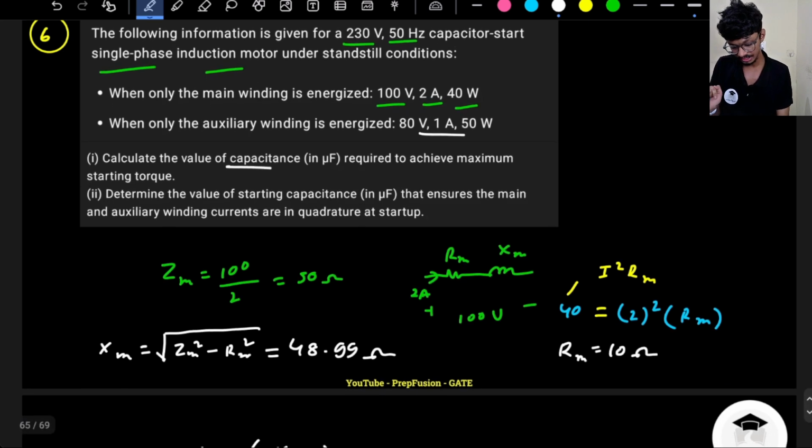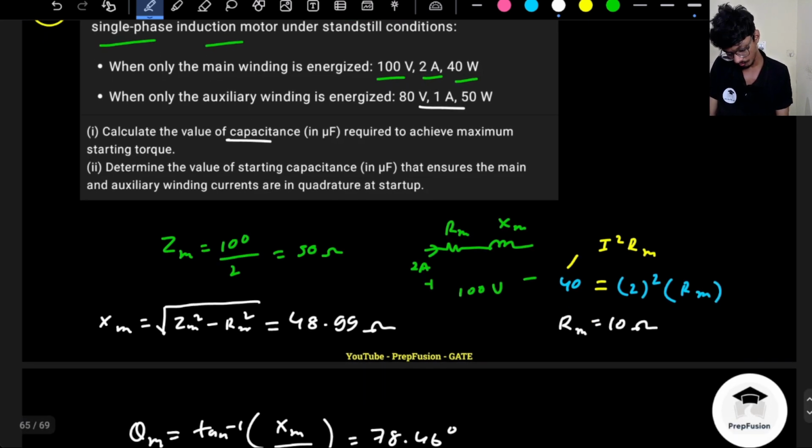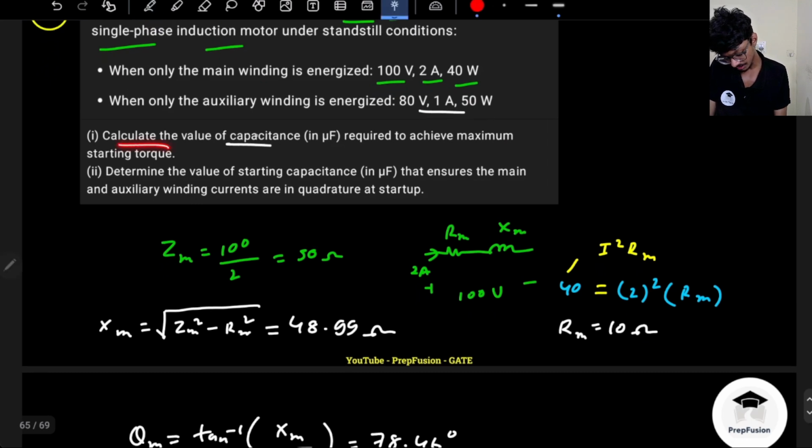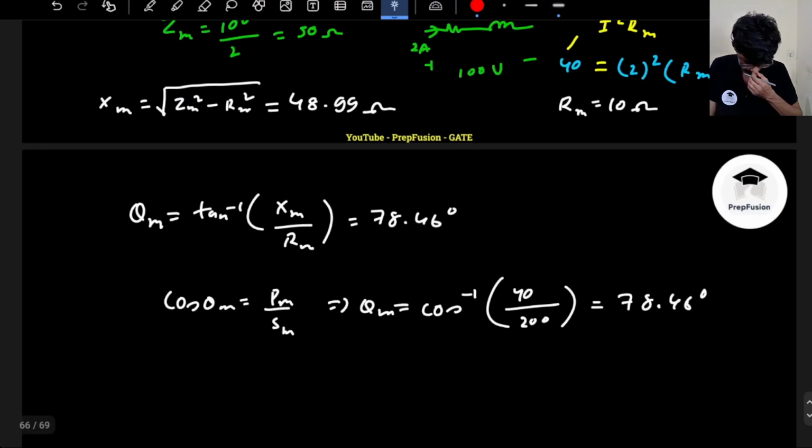In case of the auxiliary winding, what they are telling me is to calculate the value of the capacitance required to achieve maximum starting torque. How can I achieve maximum starting torque?